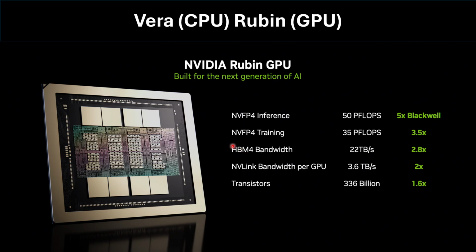New high bandwidth memory is used. It's high bandwidth memory 4. They mentioned that they are preparing this for manufacturing, but obviously they are using it in the design. It enables 22 terabytes per second memory bandwidth between GPU and the CPU.